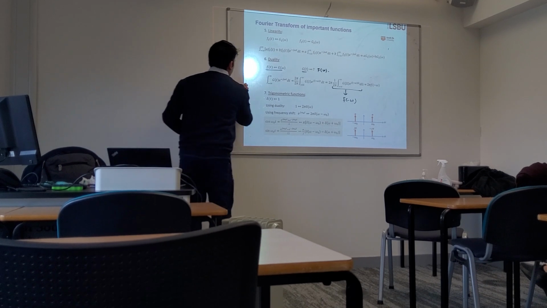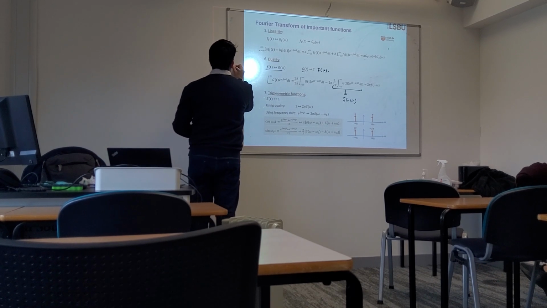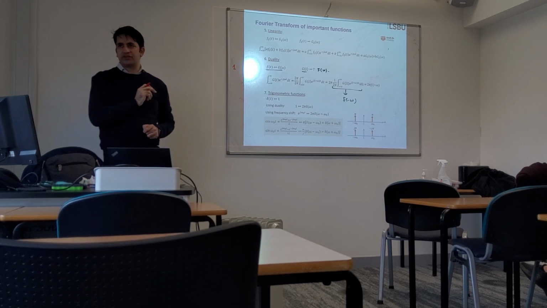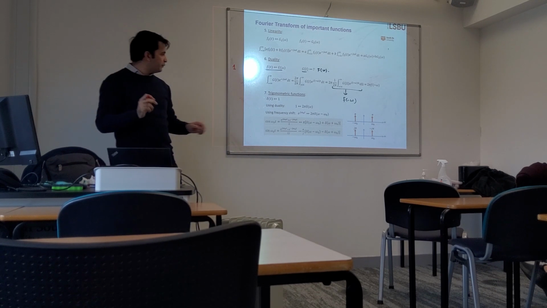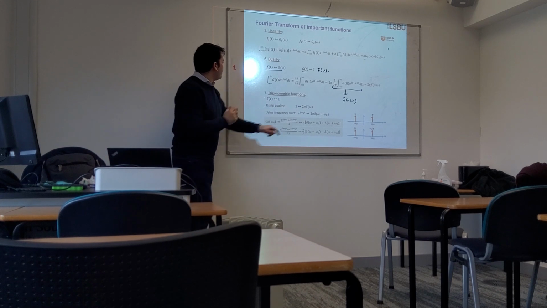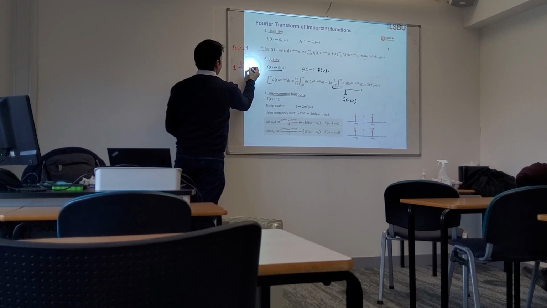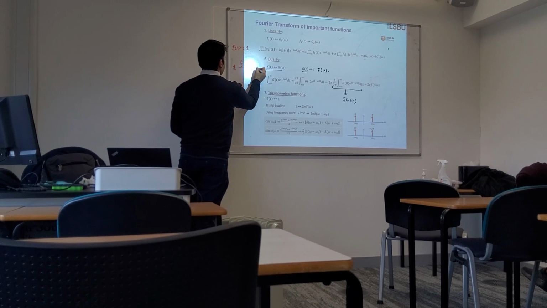Okay, so we came to know that if we have a function f of t equals 1 and we want to find its Fourier transform, from the duality property it's 2 pi delta omega.